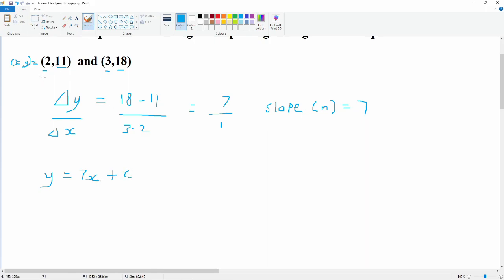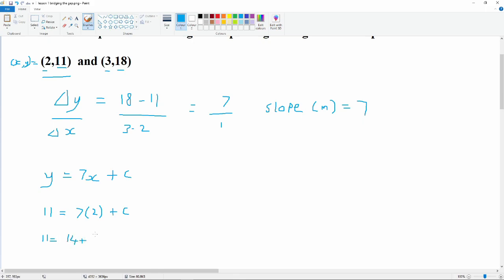So let's pick this one now. So when x equals 2, y equals 11. So 11 equals 7 times 2 plus c. So 11 is equal to 14 plus c.